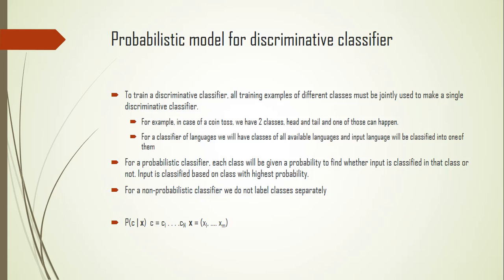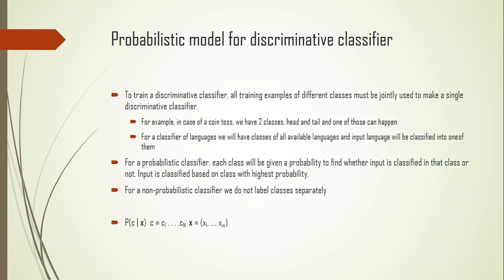Discriminative classifiers can be divided into probabilistic classifiers and non-probabilistic classifiers. For a probabilistic classifier, each class will be given a probability to find whether the input is classified in that class or not. Input is classified based on the class with highest probability.